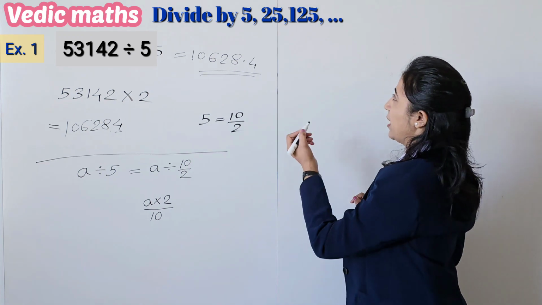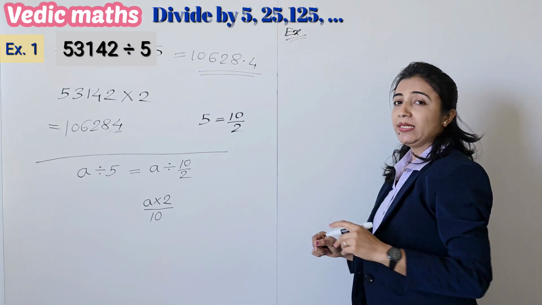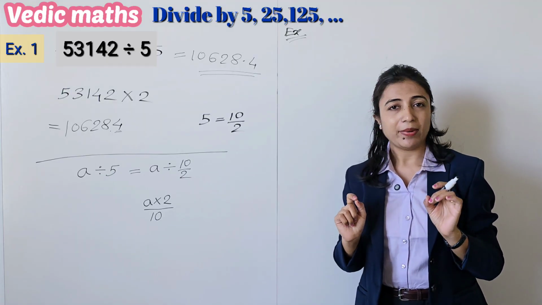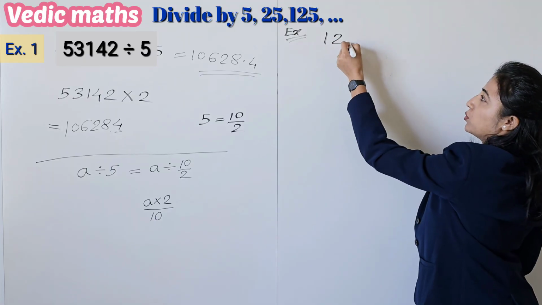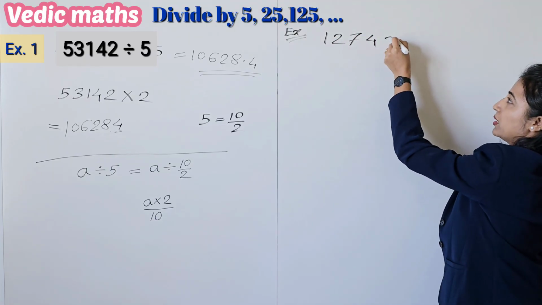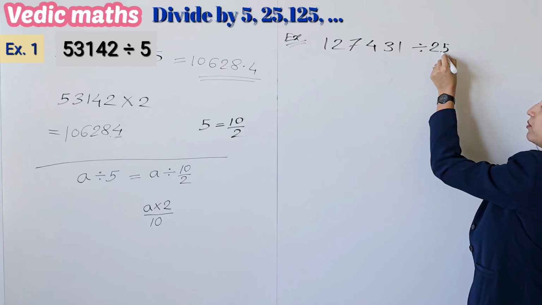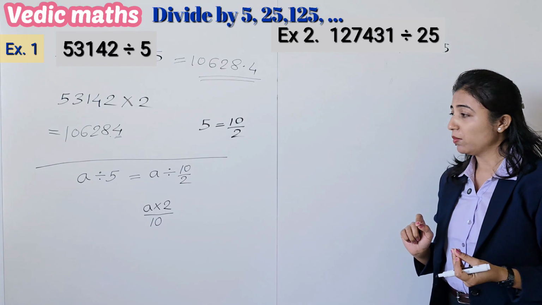Similarly, I will take another example to divide a number by 25. How to divide any number by 25? So let's assume we have given the number 127431. We have to divide this number by 25. How to write 25 in the form of a multiple of 10?